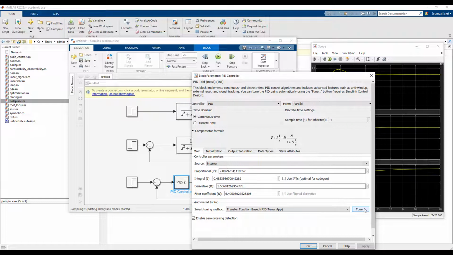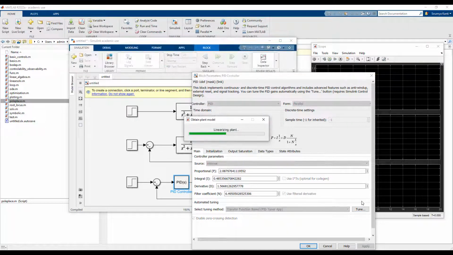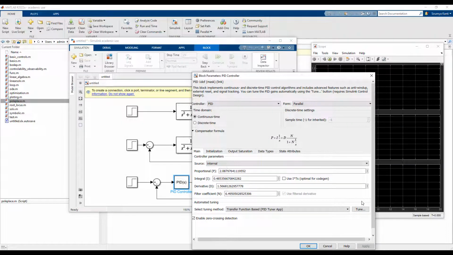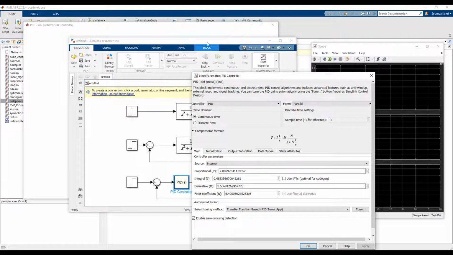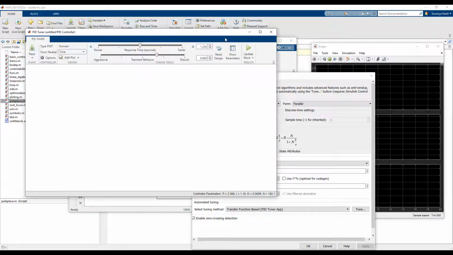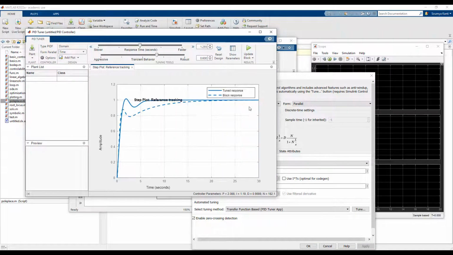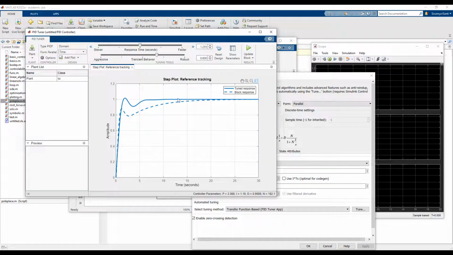I can tune the system. Okay, you can see it is giving me this as the suggested response. I'll directly update the block. I'll click update block.